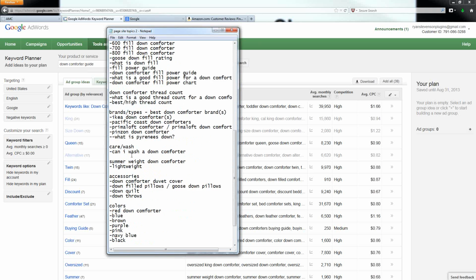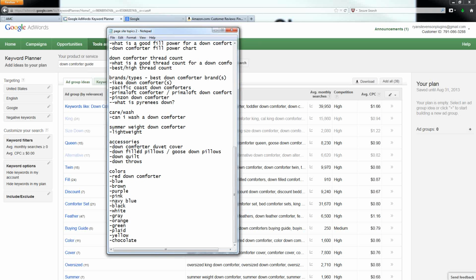As I'm going through this list of keyword phrases down here, this isn't necessarily going to be a final list of exactly what I will target, but I want to have all this information to use for future reference.